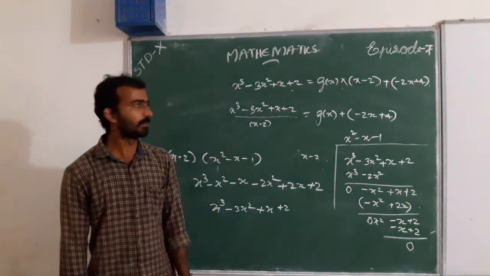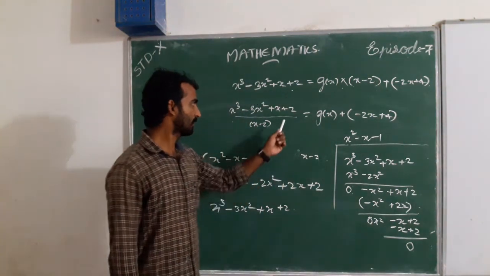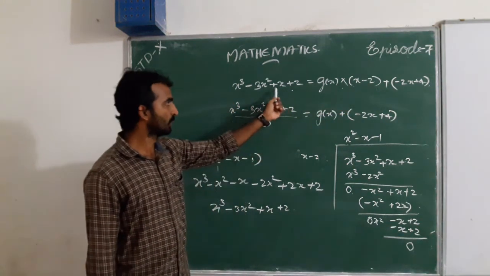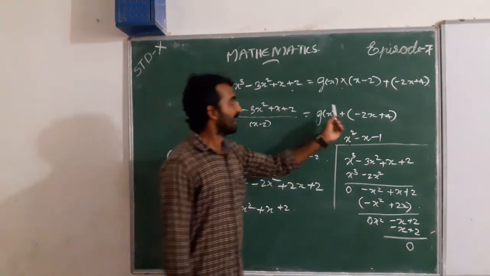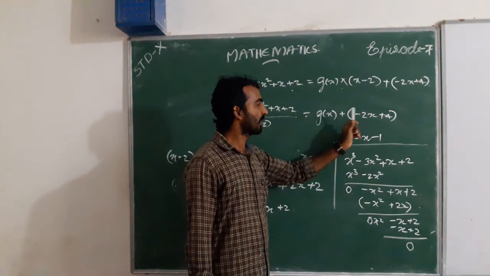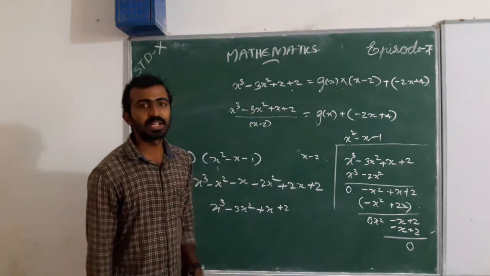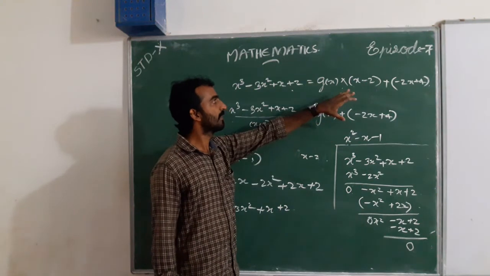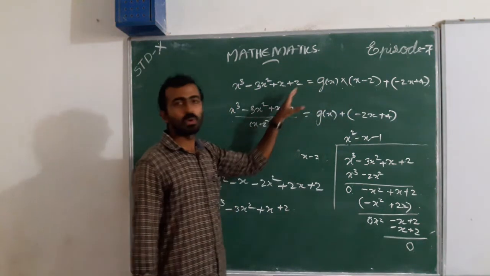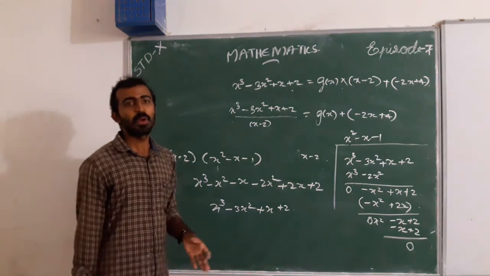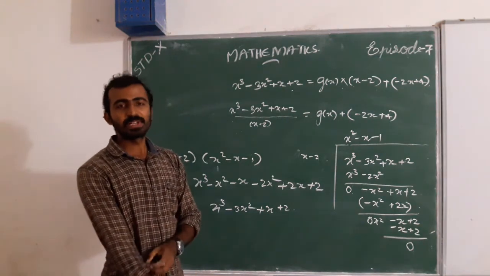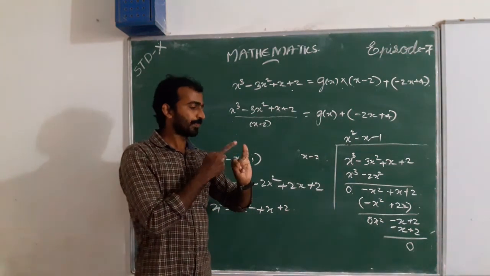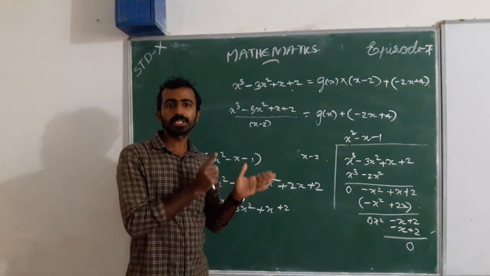Because why? Because first we do the quotient coming to the left side. In this case the remainder is on the right side. That is, first we take the remainder to the left side and then we take the quotient. In BODMAS we know bracket, of, division, multiplication, addition, subtraction.